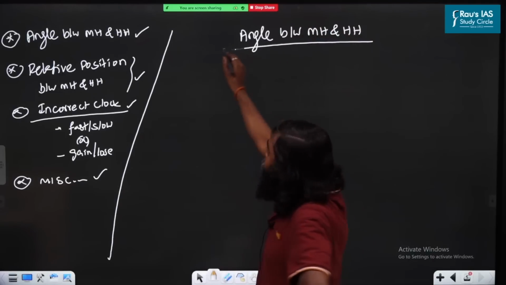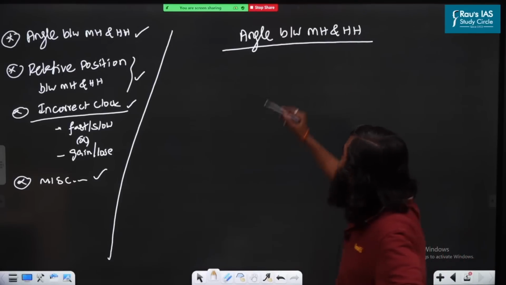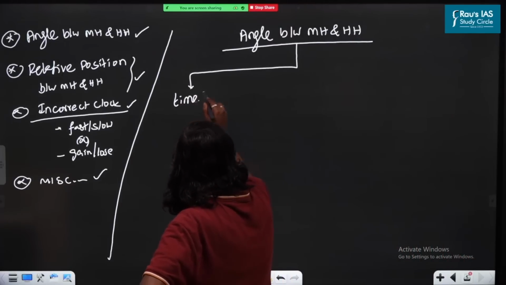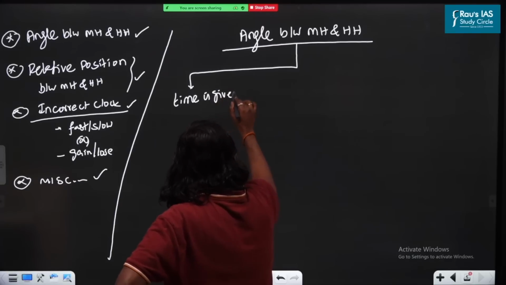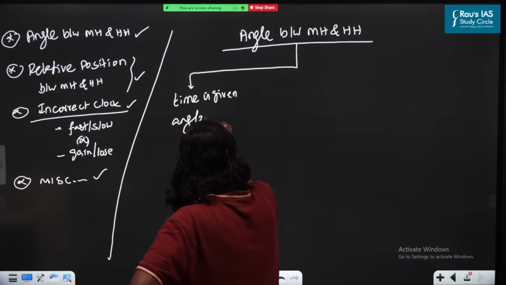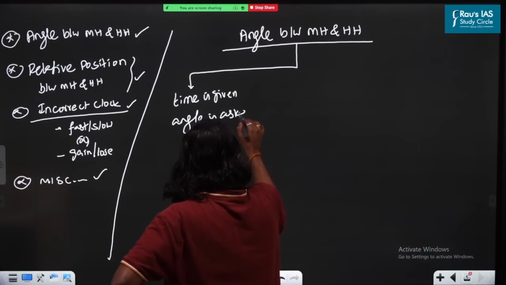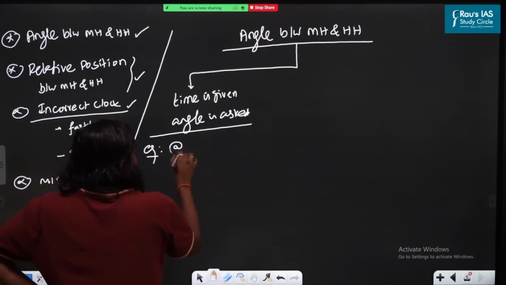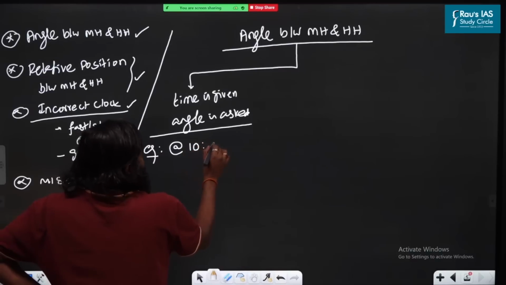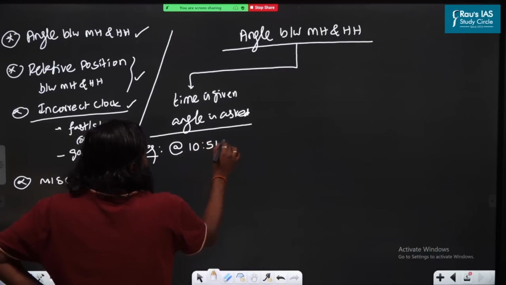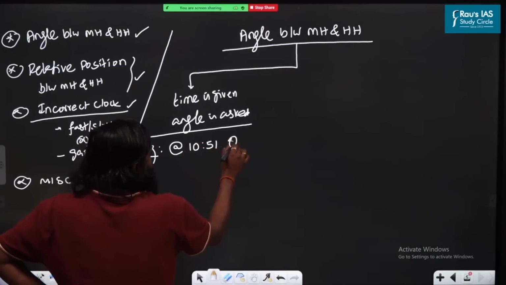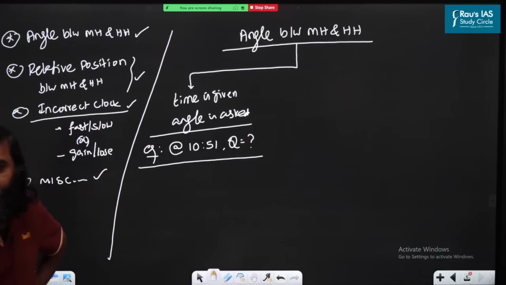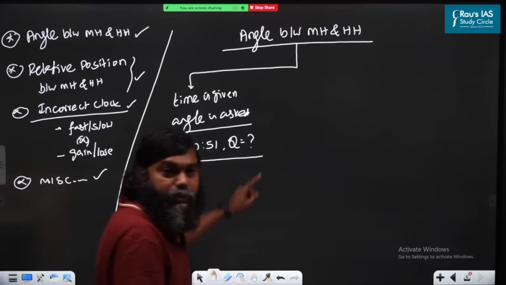If it is angle, it means two types of question. Time is given and angle is asked. For example, at 10:51, find the angle between minute hand and hour hand. Time is given, angle is asked.